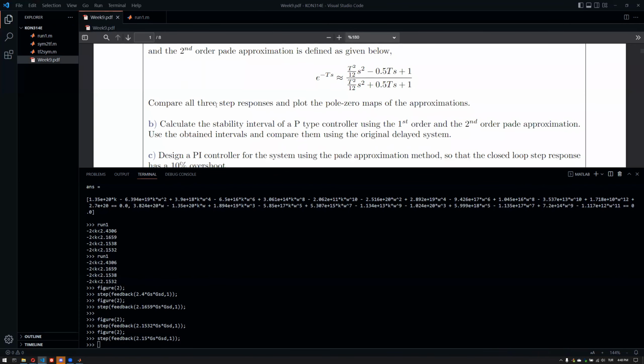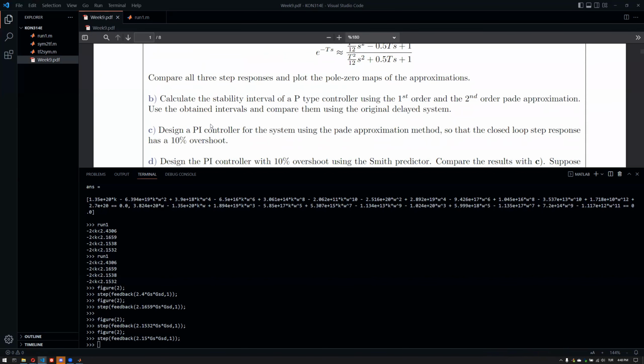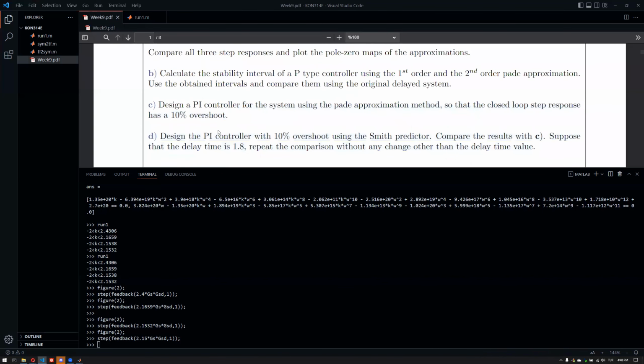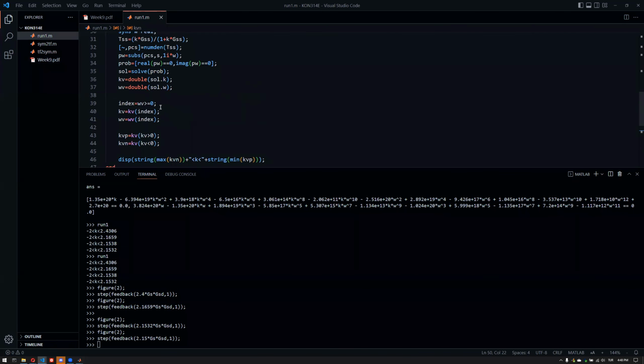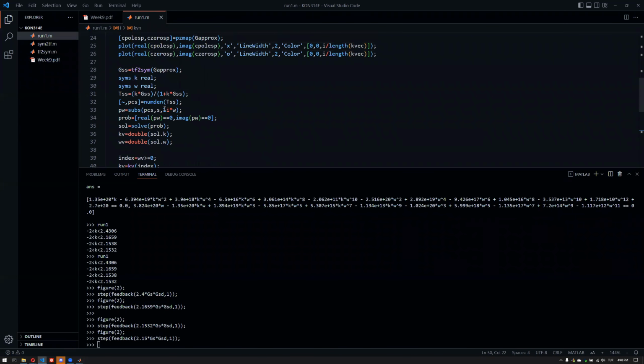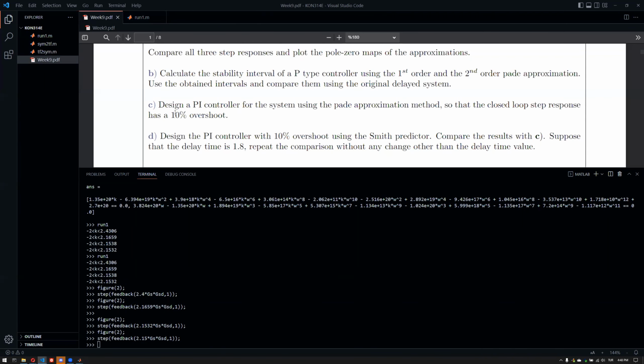Now, what about designing a controller for such a system? Let's talk about that. As you might expect, we are going to design the controller for the approximation. Let's quickly do that. We have a PI controller.